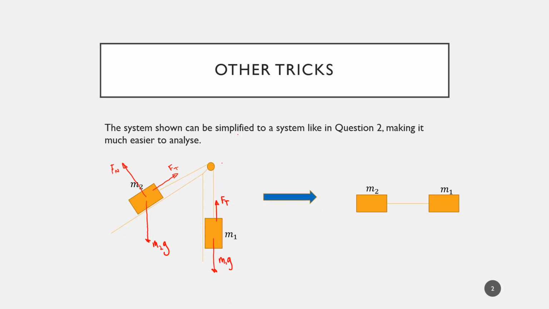Now, remember, we said set up your coordinate systems so that the accelerations of your objects point in a positive direction. So for M1, we could set down to be a positive direction, and for M2, we're going to set up the slope to be a positive direction, like that, because that's how it's accelerating.